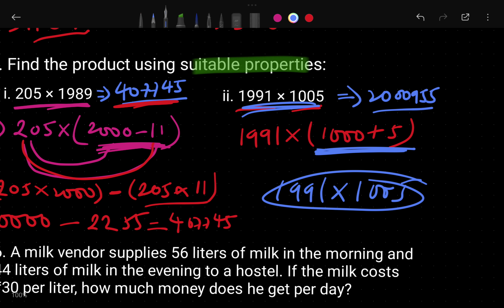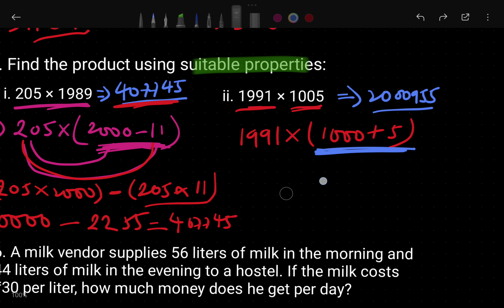That's why we are not going to do that. We are directly going to multiply: this one by 1000, and again this one by 5.